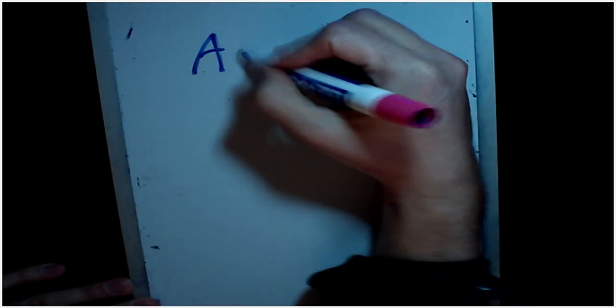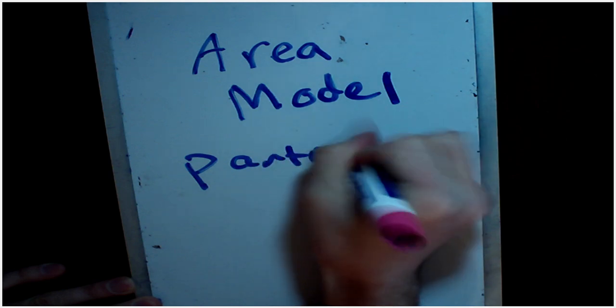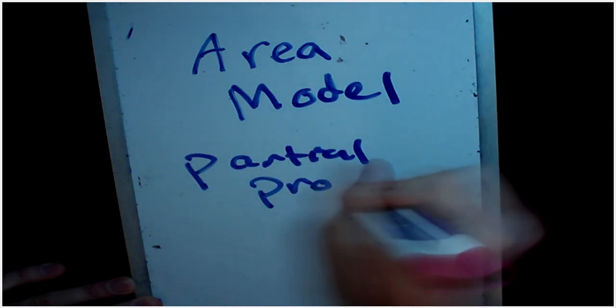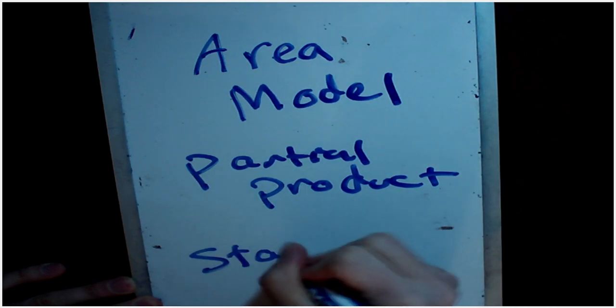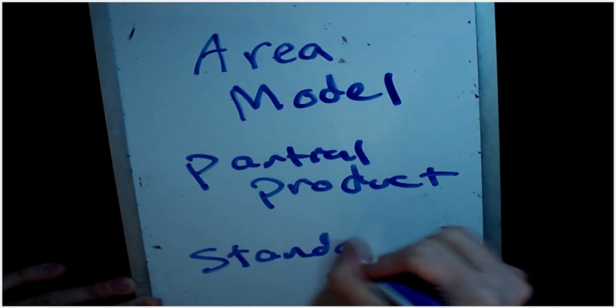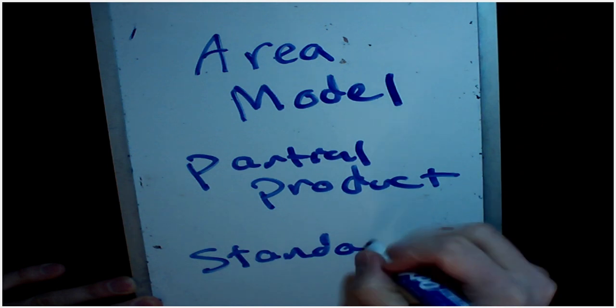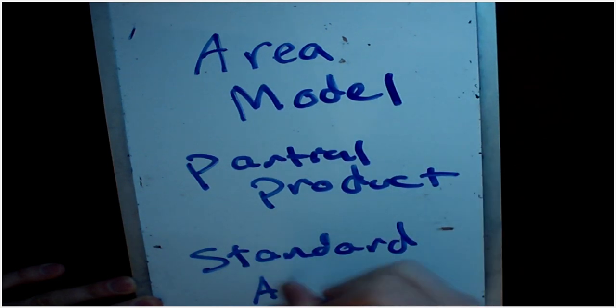So today I would like you to try this method. You can always rely on your other strategies. We've done area models as one algorithm. We have done the partial product. And now we've done the standard algorithm.